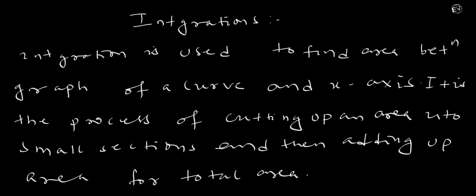Area between graph of a curve and x-axis. The whole point is you have a graph and what you do is you find area. This is my graph. This x-axis is time axis.